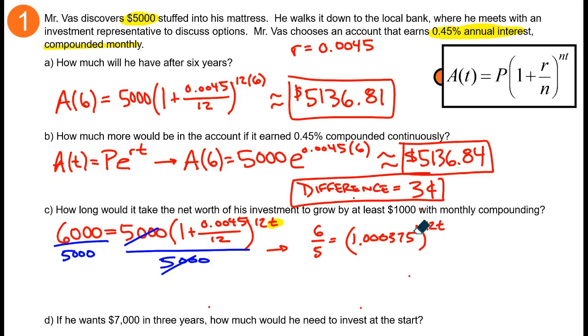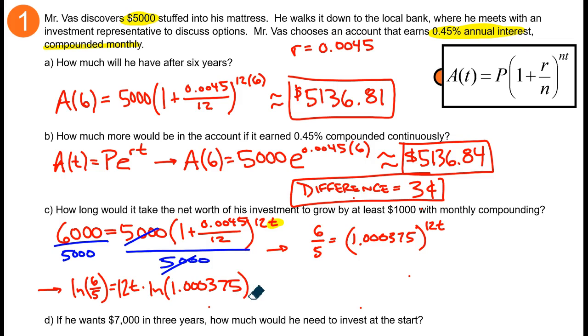At this point, I'm ready to take the natural log of both sides. When I do that, I'm going to get the natural log of 6/5 equals 12t. And folks, I'm running out of room. Let's move this down here. ln of 6/5 equals 12t times the natural log of 1.000375.